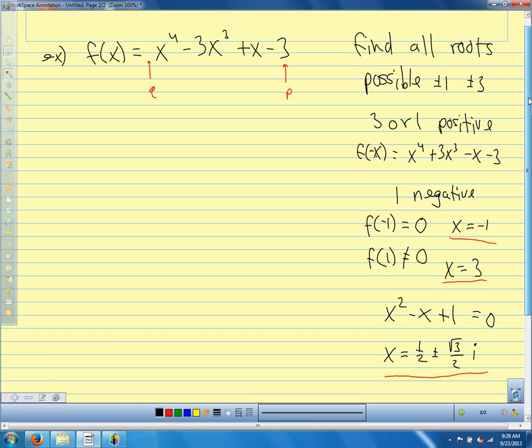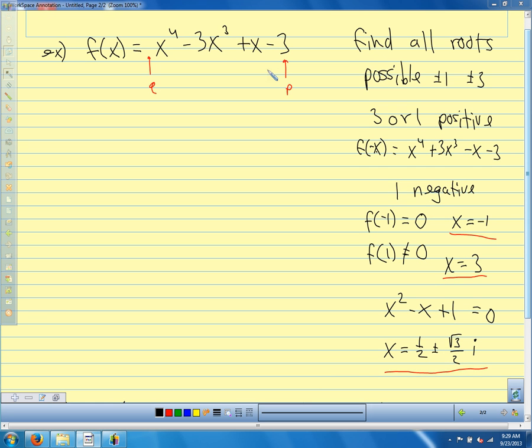All right, looking at this polynomial, anybody see another way I could go about doing this? Factor by grouping. Who said that? Very nice. So, I'll write that in red. If you recognize that this was factor by grouping, how am I going to write my factors?